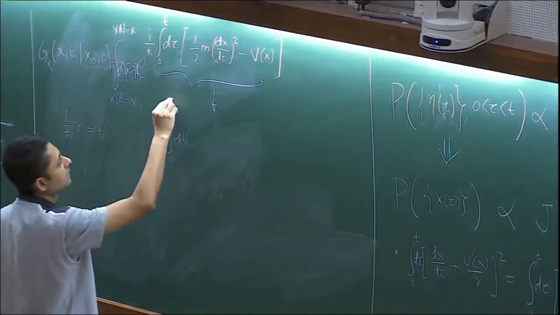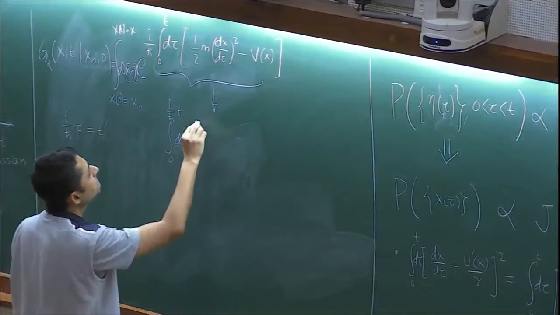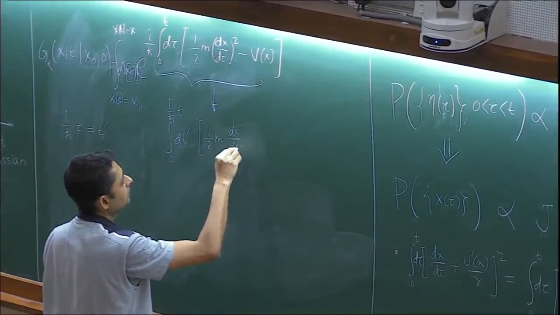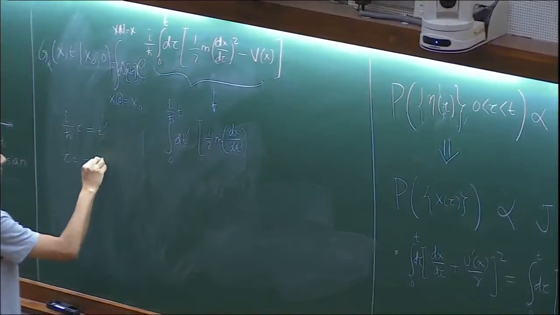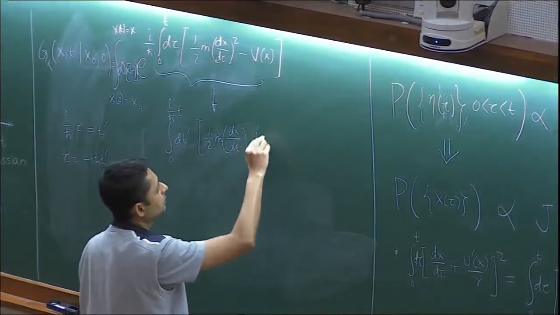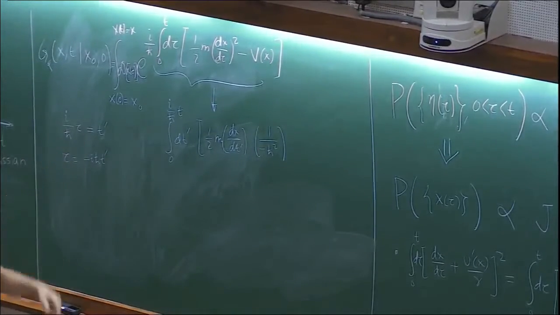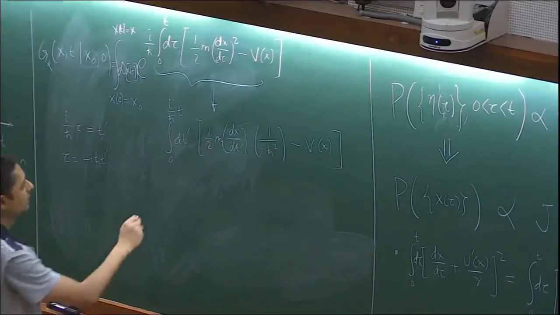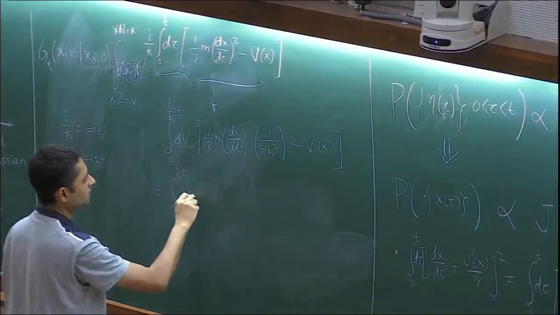The upper limit becomes i by h cross t. Now this one, half m dx dt prime, but then there is a minus i h cross down, so this gives me 1 over minus h cross square, and the other one is still the same. So this one, 0 to t, dt prime.